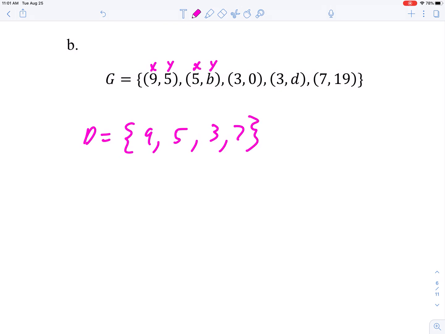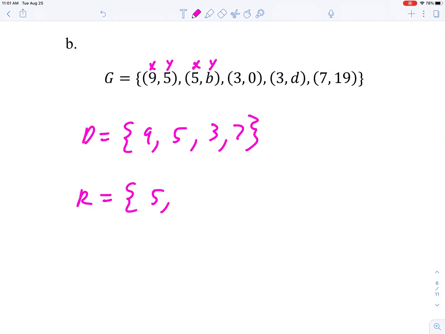And there we go. There's your domain. There's all the first values, the x values, the inputs. Alright, then the range. Let's see, just look at all the second values, right? So we have 5, B, 0, D, and 19. And there you go. There's your domain and range.